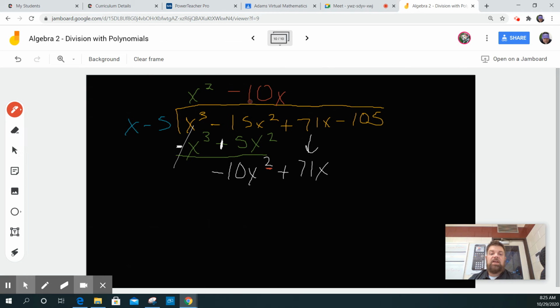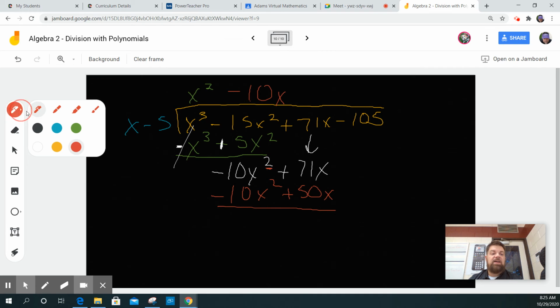But then I multiply it out. So I've got negative 10 times negative 5. That gives me a negative, or actually a positive 50x. And then what I'm going to do is multiply that negative 10x times negative 10x, which gives me negative 10x squared.